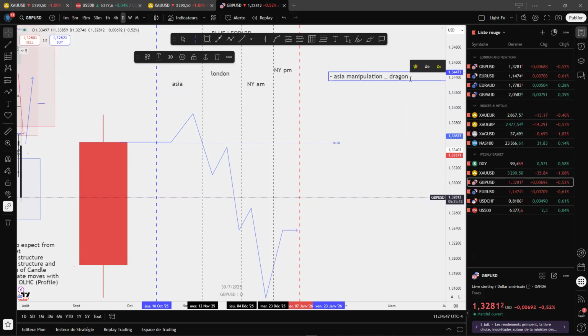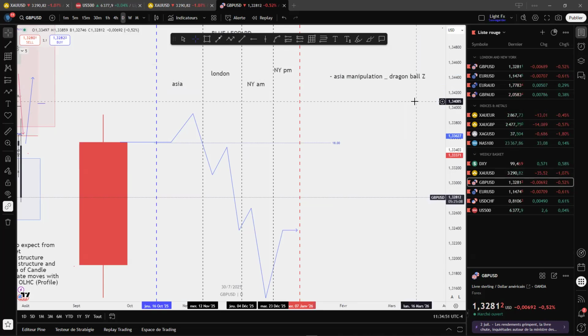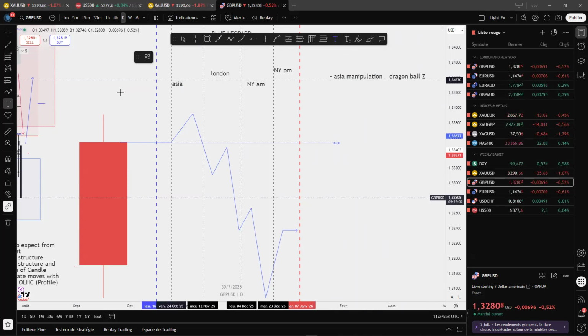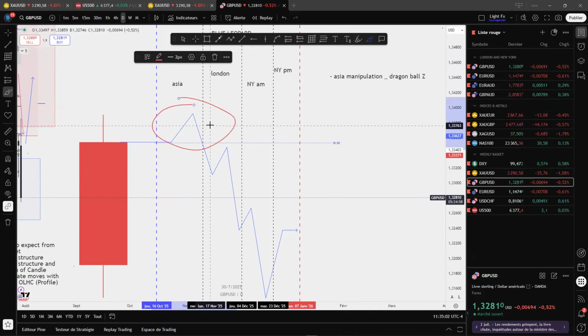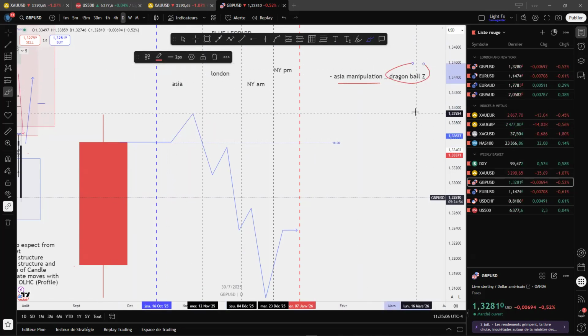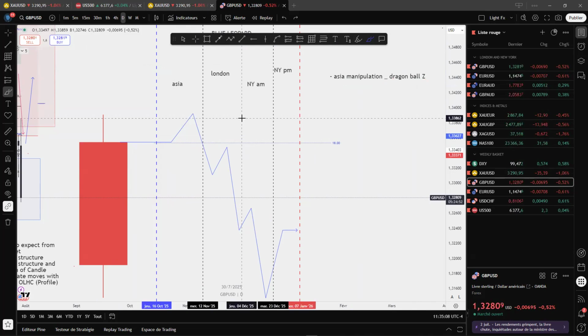The dragon. This is cool, right? I'm just playing, but I'm telling you, whatever happens in the Asia, if it's a manipulation, we're going to call it the dragon, just for us to get the reference.